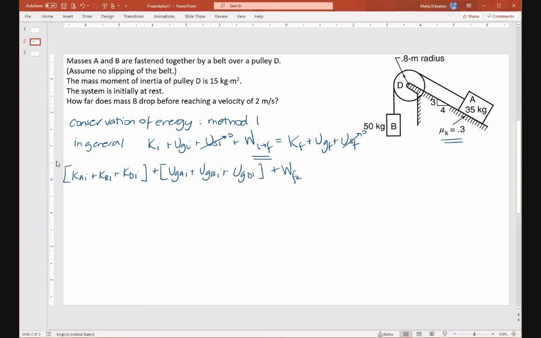So which object actually experiences friction is object A, as object A moves from initial to final position.